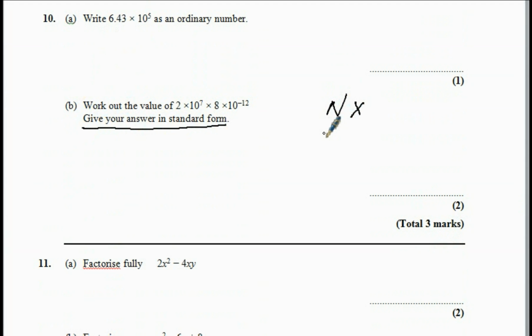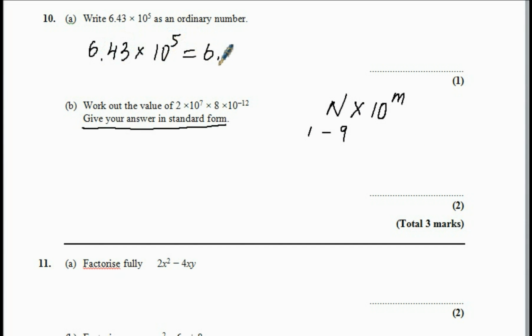One is a number n between 1 and 9, so n is between 1 and 9, not bigger than 9, not smaller than 1, and another part is a power of 10. So here is a number written in standard form, and we need to write it as an ordinary number, and we are lucky with this number because we're not given a negative power, we're given a positive power.